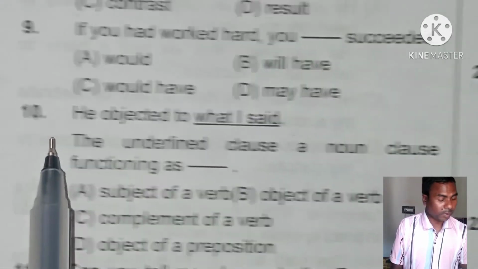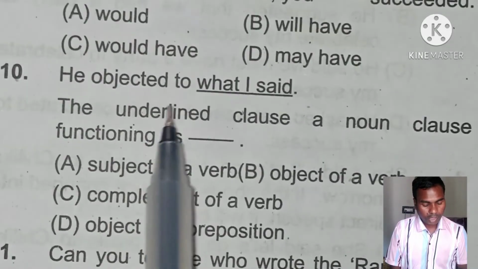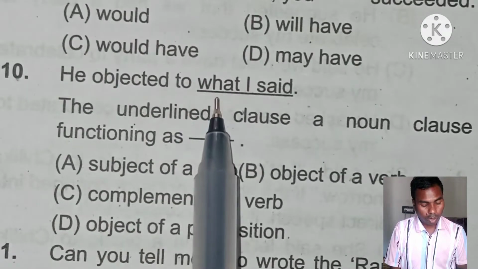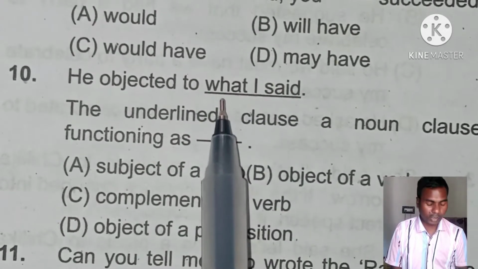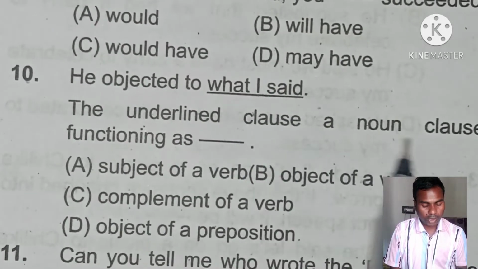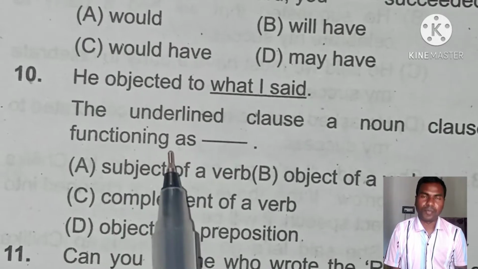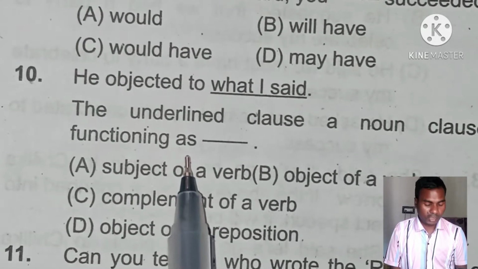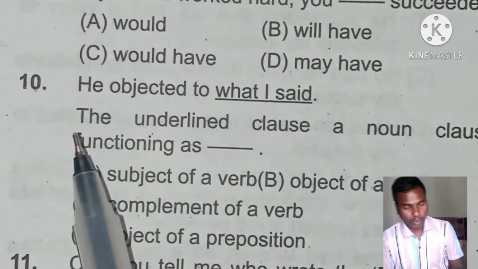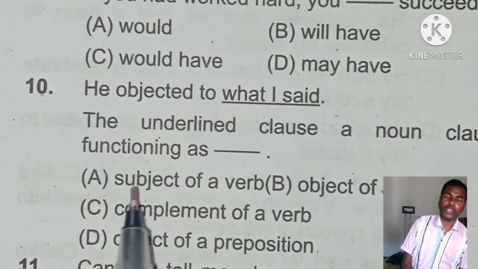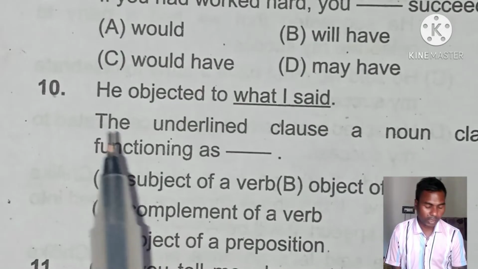So number 10. He objected to what I said. The underlined clause is a noun clause functioning as what? You have different kinds of noun clauses: the object, the verb, the preposition, the complement, right?